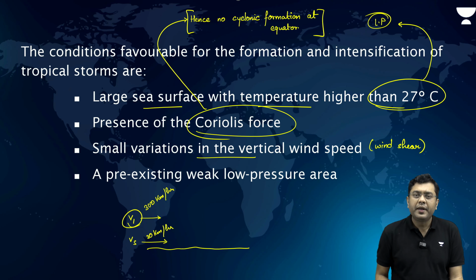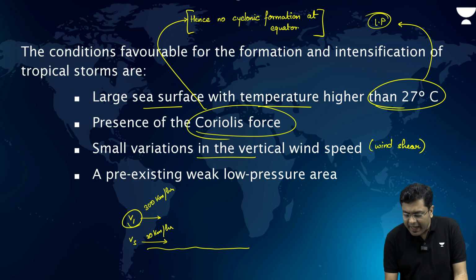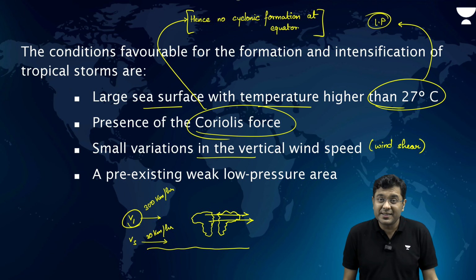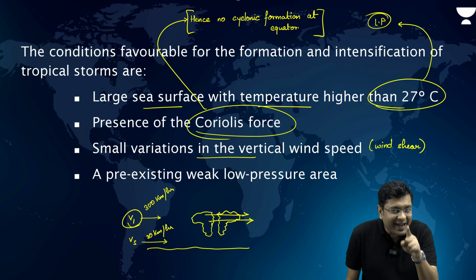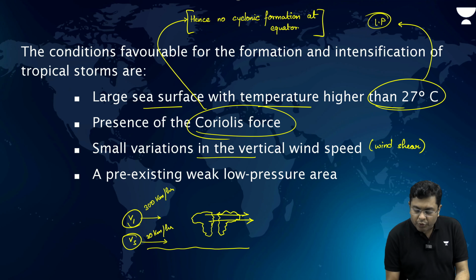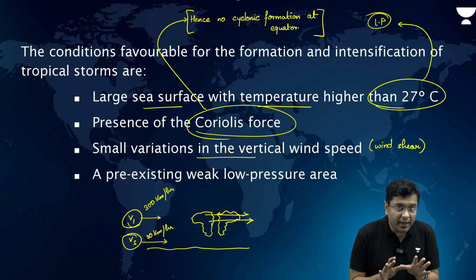What will happen? Let's suppose that rising air ends up creating a cloud or a band of cloud. Now those clouds will easily be blown away and dispersed by the wind, because the upper elevation wind is very fast and the entire circulation won't be able to develop. That is why you need V1 and Vs to be almost similar.